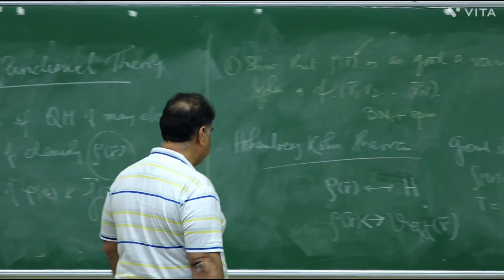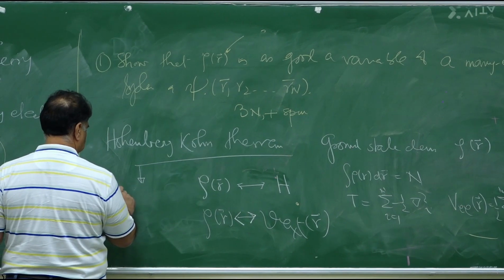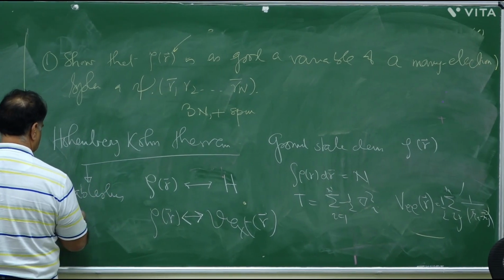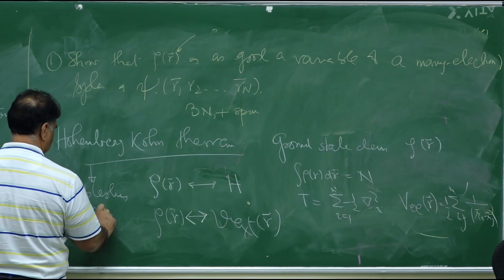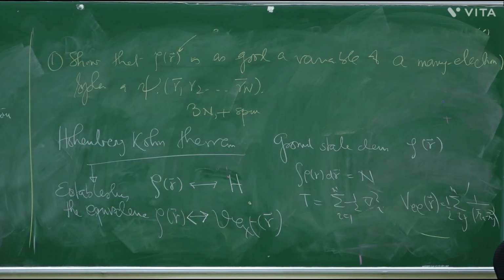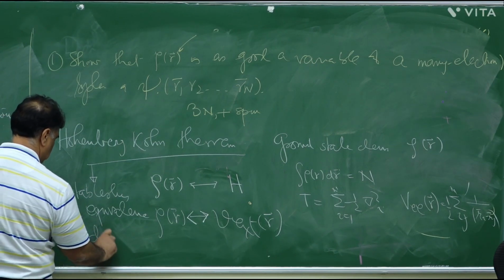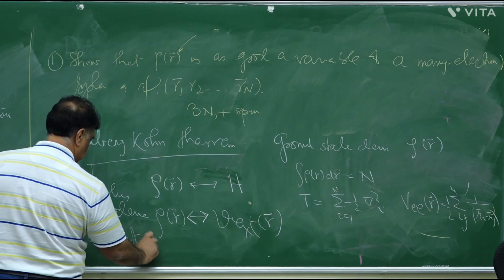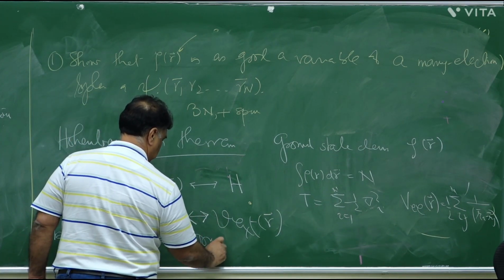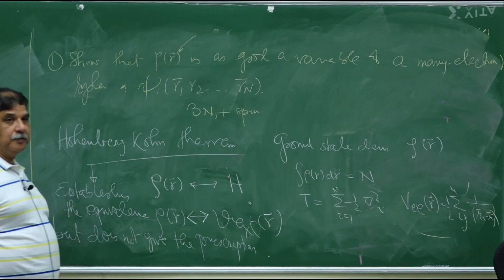Now, so it establishes the equivalence of rho and the external potential, but does not give the description. So how to do it?